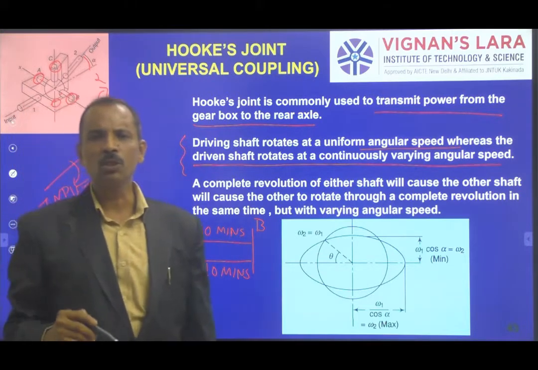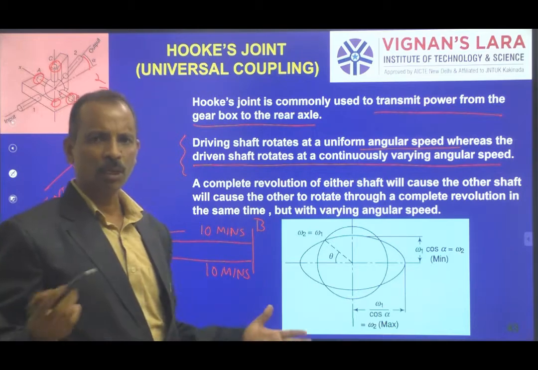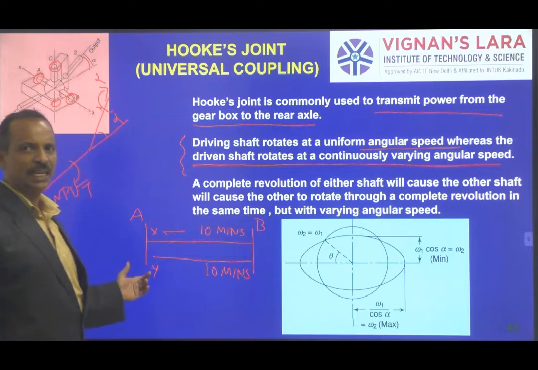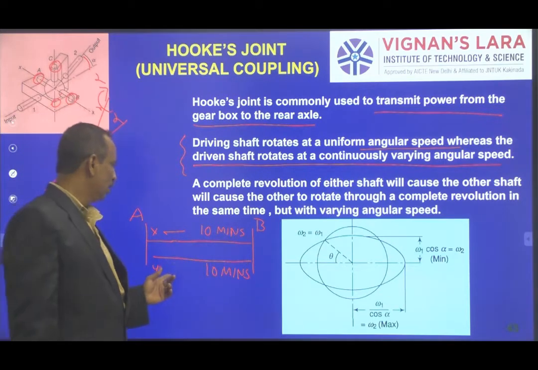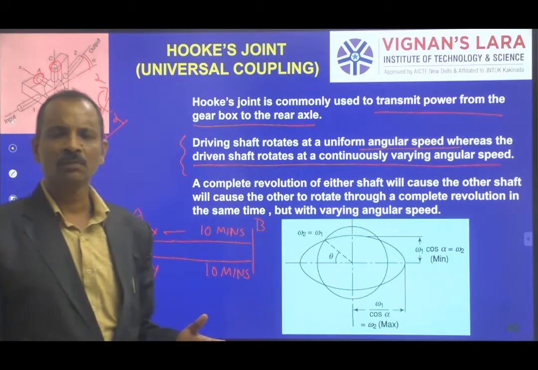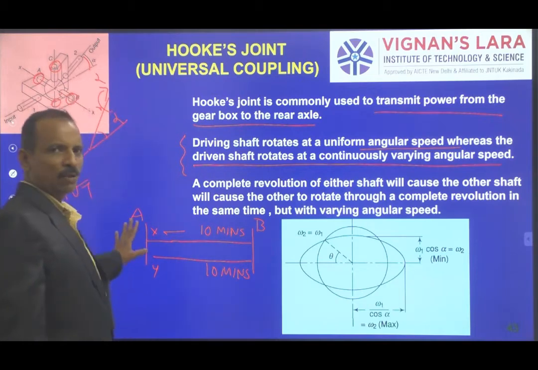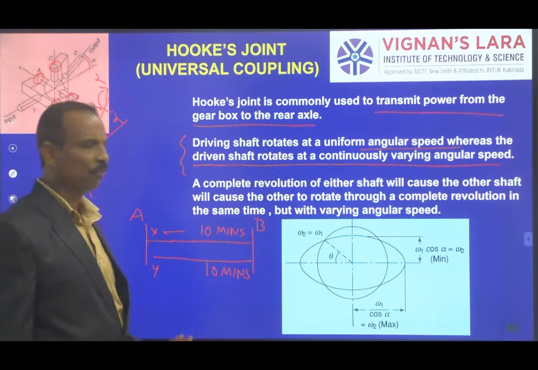So I asked two people, X and Y, to run the distance from A to B. X finished this task in 10 minutes, and Y also finished the same task in 10 minutes. That means both of them started and ended the activity at the same time.